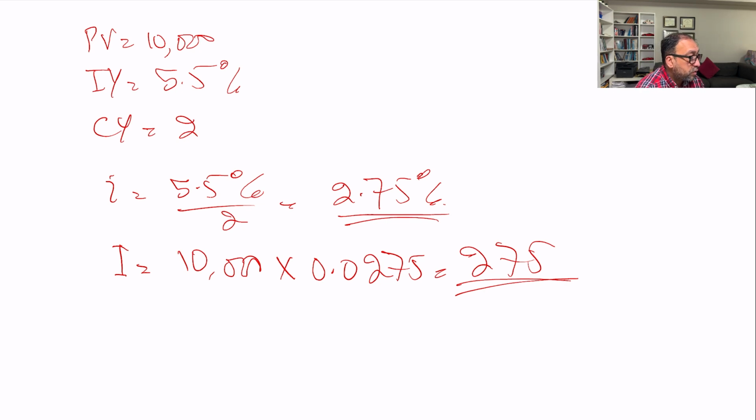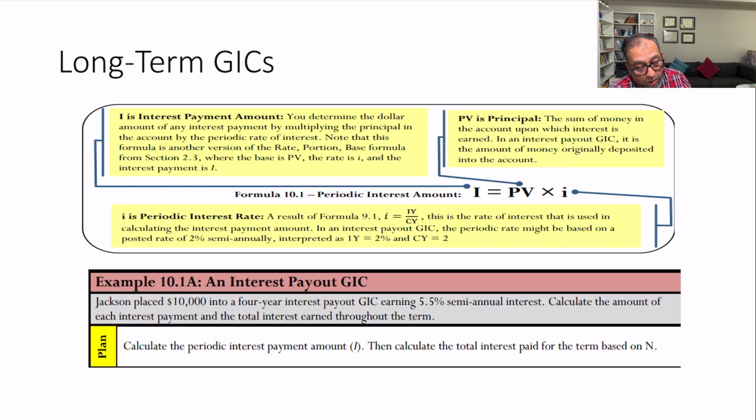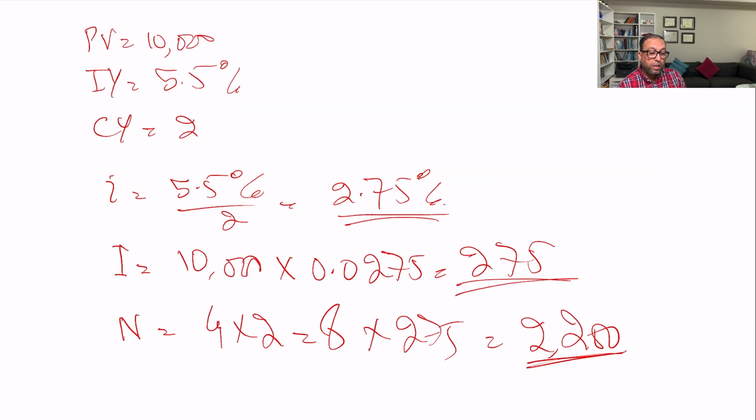After 6 months, how many payments do we have? 2 payments a year for 4 years, so it's going to be 8 payments altogether. That's 8 multiplied by 275, so $2,200 in total. Why are we calculating this? We have to keep in mind very carefully that it's paid out. That's why we calculate it and multiply it by the number of periods.